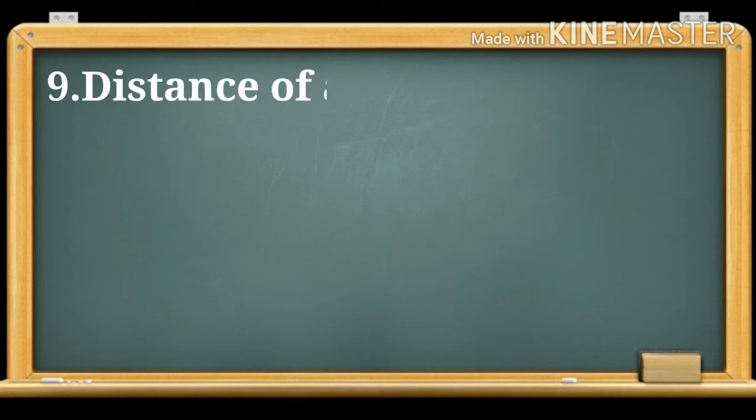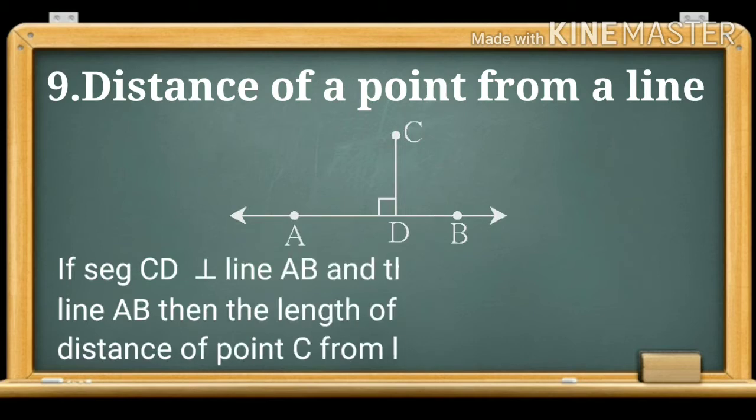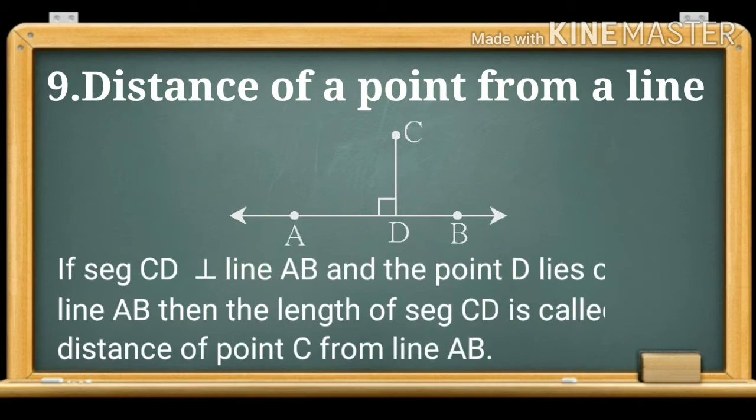Next point is distance of a point from a line. If segment CD perpendicular to line AB and the point D lies on line AB, then the length of segment CD is called the distance of point C from line AB.